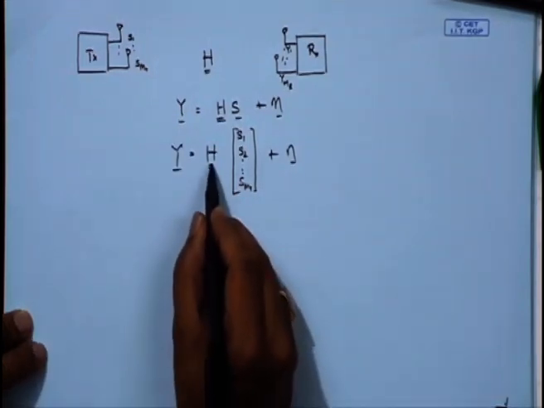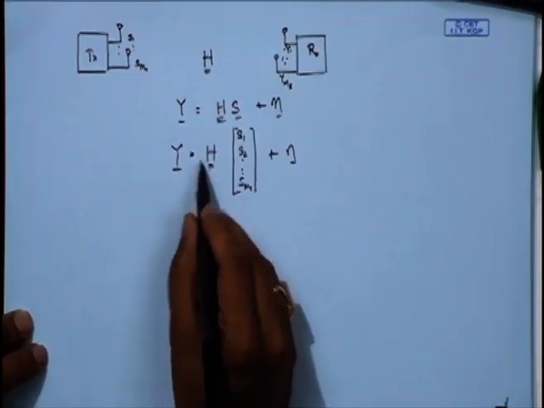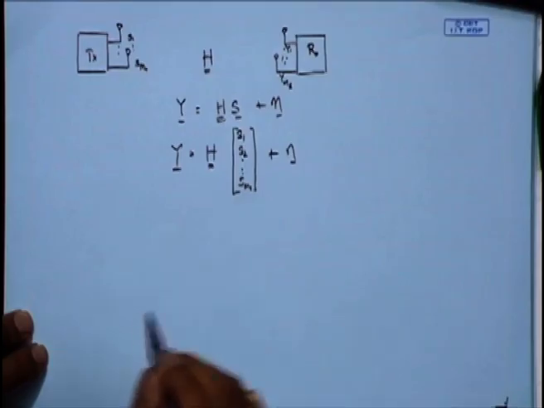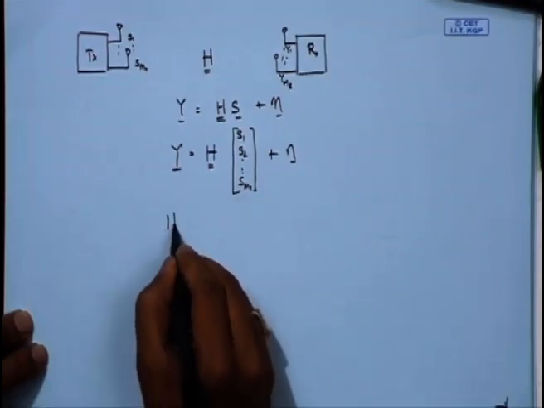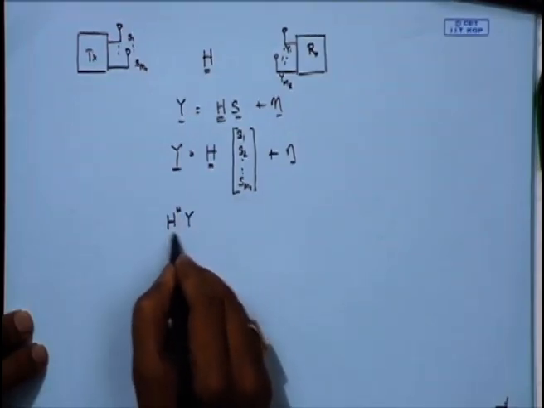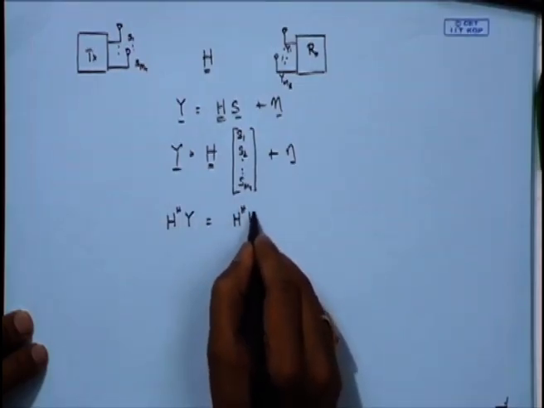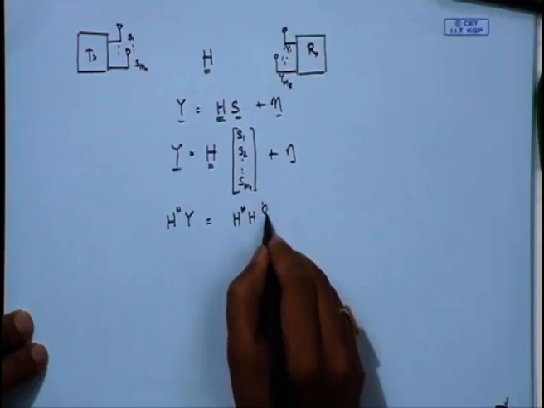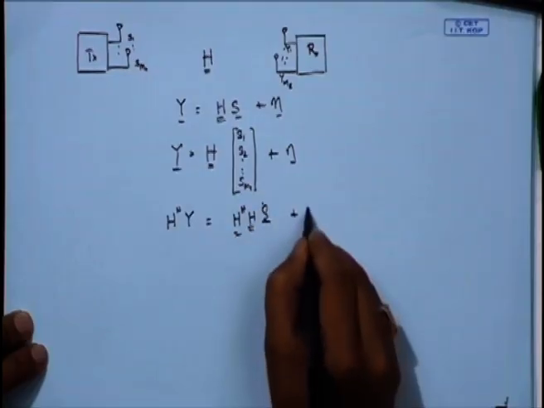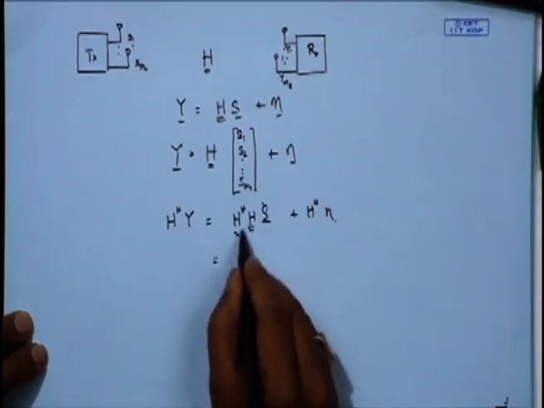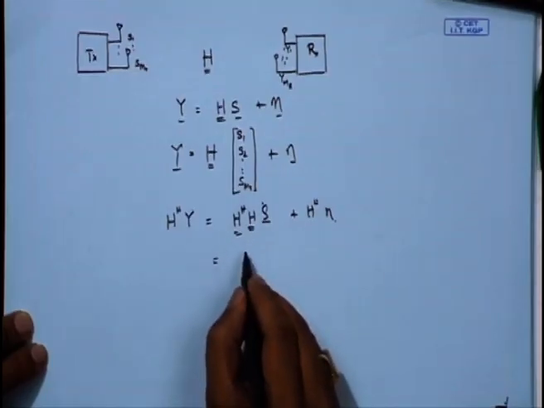If H is orthogonal, that means if the channel coefficients are orthogonal, then one of the simplest strategies to receive this would be to multiply H Hermitian with Y. If we multiply H Hermitian with Y, we are going to get H Hermitian H times S plus H Hermitian times noise, and H Hermitian H would be the identity matrix.